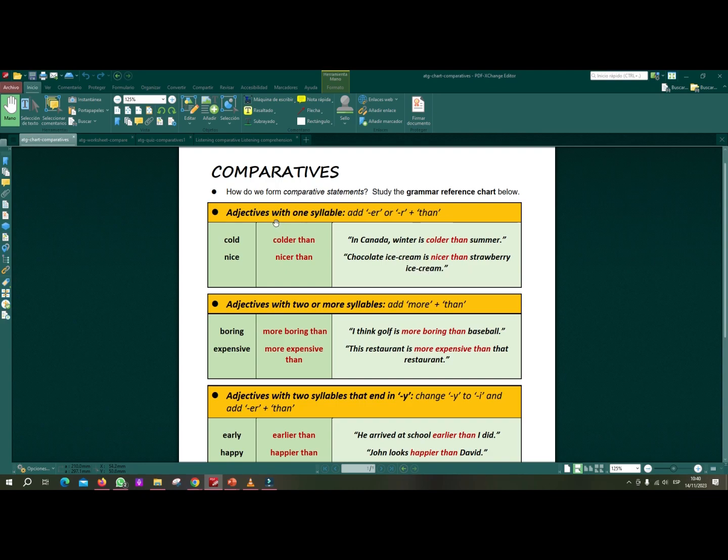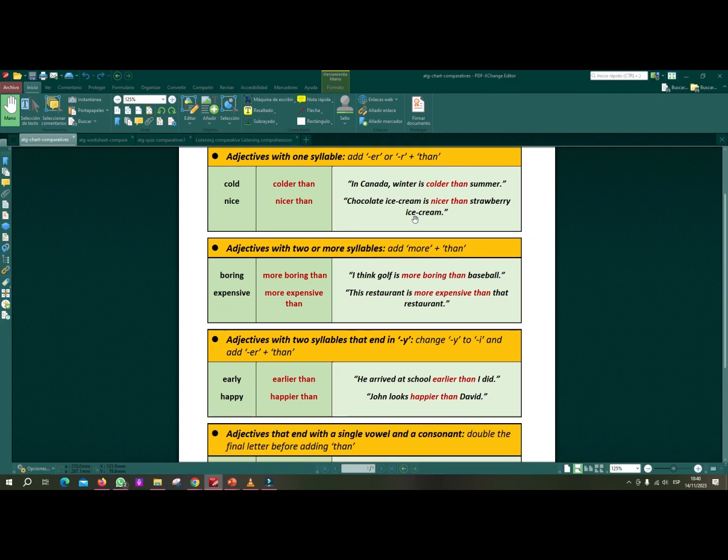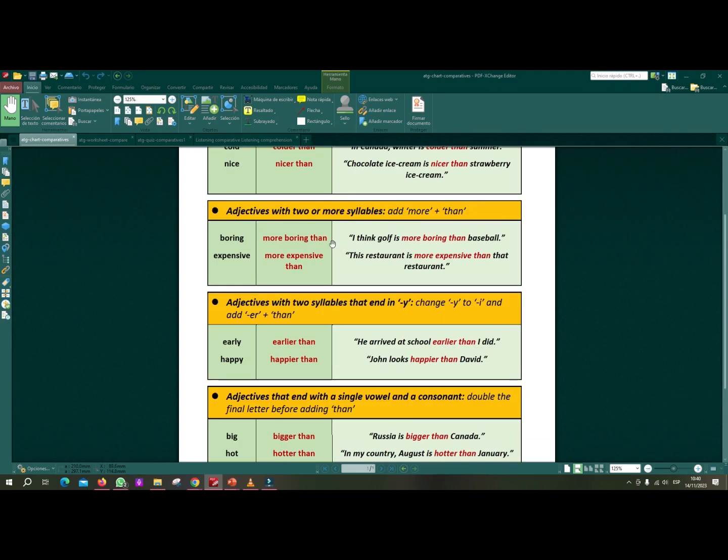Entonces, ¿qué nos indica la primera regla? Los adjetivos que tengan solo una sílaba le agrega er o r si ya termina en e y la palabra than. Second one, adjectives with 2 or more syllables, add more plus than.